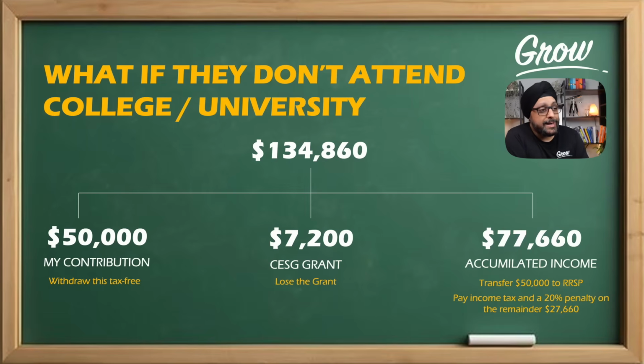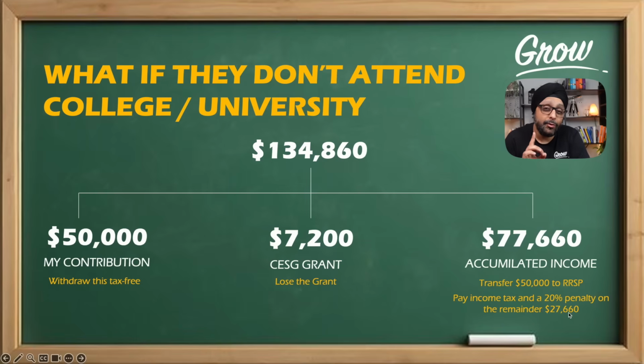However, the remainder, $27,660, so if you deduct $50,000 that got transferred to RRSP, on the remainder you have to pay income tax. And this is not capital gain tax, this is income tax, and that is probably going to be at the highest tax bracket of 53%, and you'll pay that on the $27,000, and they'll also slap an additional penalty of 20% on this amount.